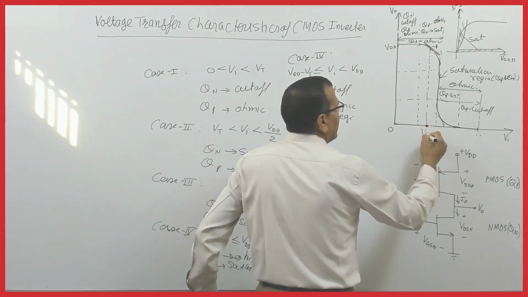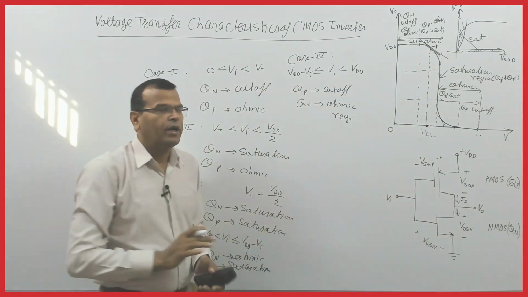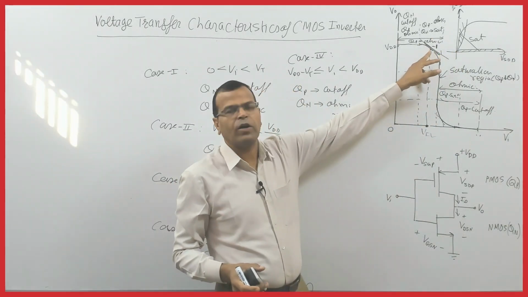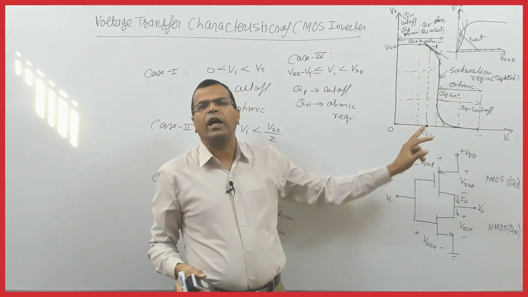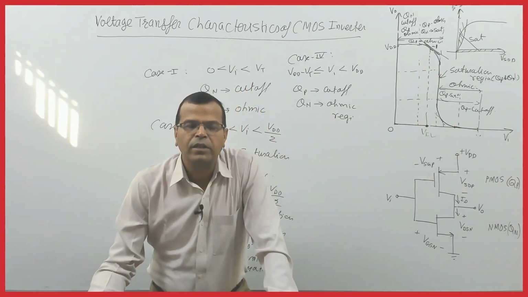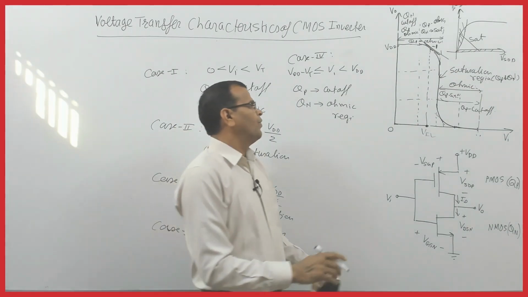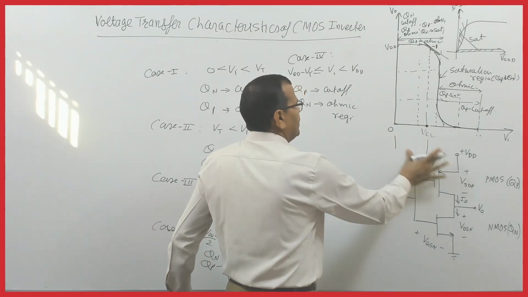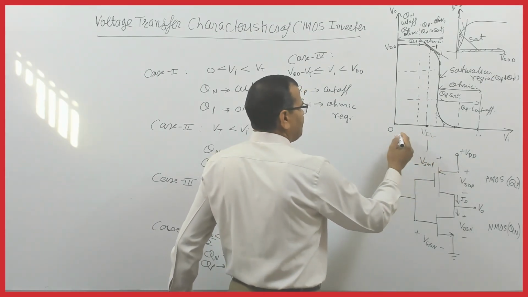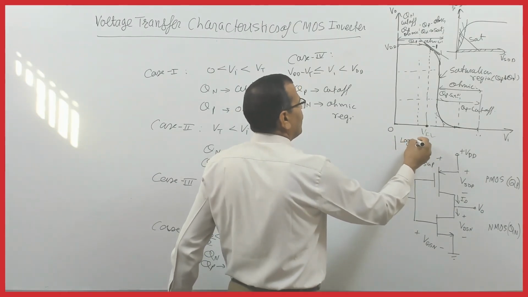This VIL, I am repeating, you draw the slope of -1 at this part of the characteristic. That value of input voltage is VIL. VIL is the highest input voltage for logic 0. From this range to this range, this is the range of input voltage for which logic?